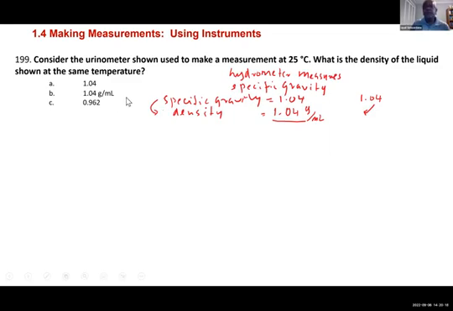So the density of the liquid at the same temperature should be B. The difference between density and specific gravity, measured by a hydrometer or urinometer: density has units, grams per milliliter. So the answer is B. A hydrometer or urinometer measures specific gravity of urine.